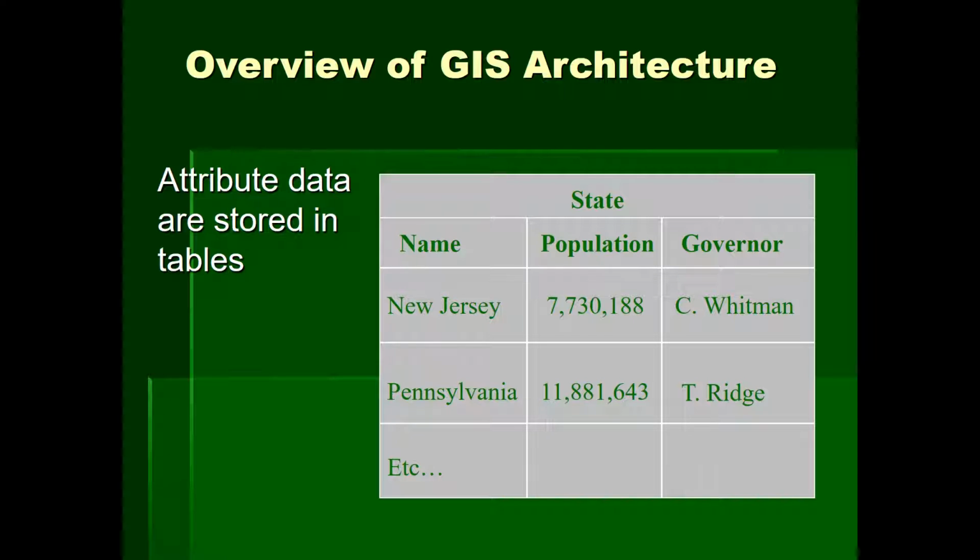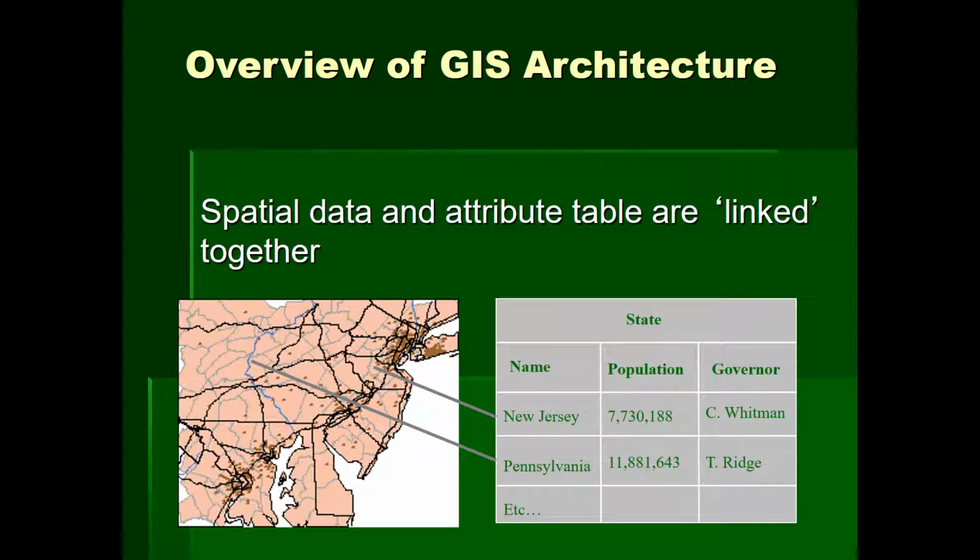And the GIS systems that we use and everybody uses throughout the world are tables linked with a coordinate, either a point, a line, or a polygon. So here we have this polygon would be linked with New Jersey. This polygon here would be linked with Pennsylvania, etc. And they have different attributes associated with each one.